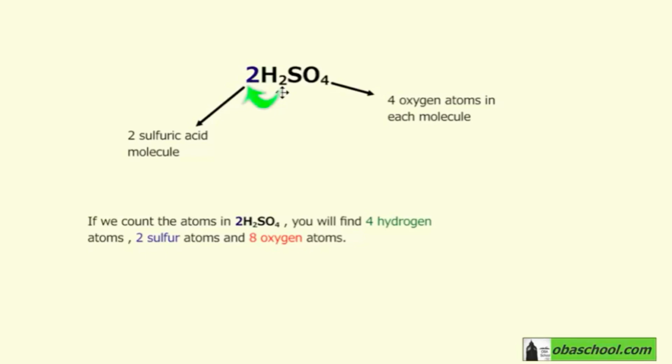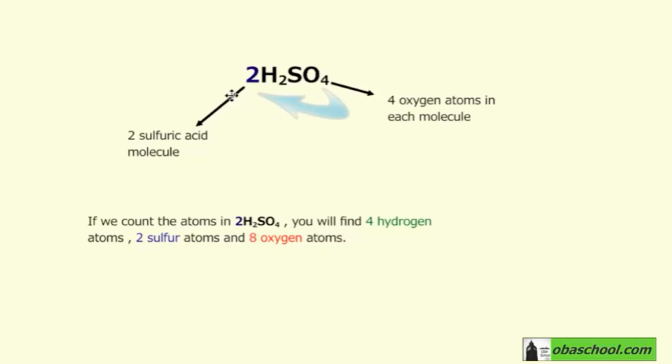So what we do is multiply 2 by 2 to get 4 atoms of hydrogen. Sulfur doesn't have a number next to it, but we still have the 2 here, which is for the whole molecule. So sulfur has 2 atoms. So we have 2 atoms of sulfur in this molecule.